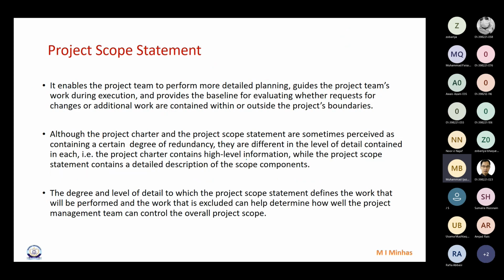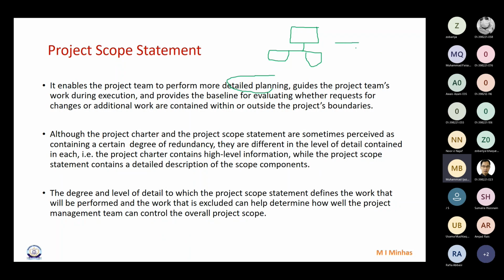As a result, it helps the team to perform more detailed planning. This scope statement would act as a starting point, a reference point, and from this point on, we will start breaking down this work into the WBS, then further breaking down the work packages into activities.